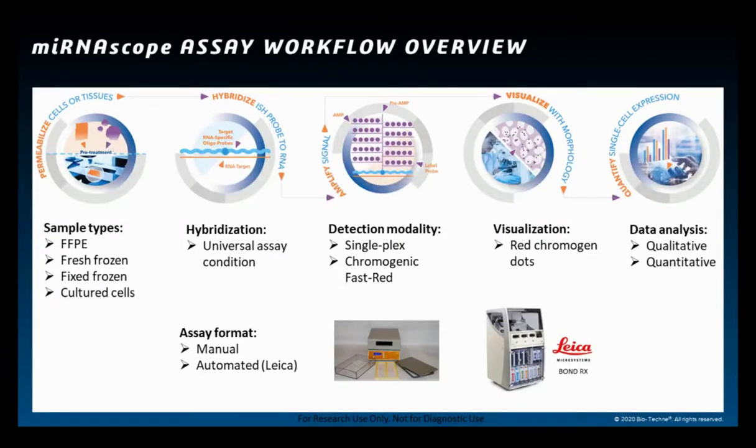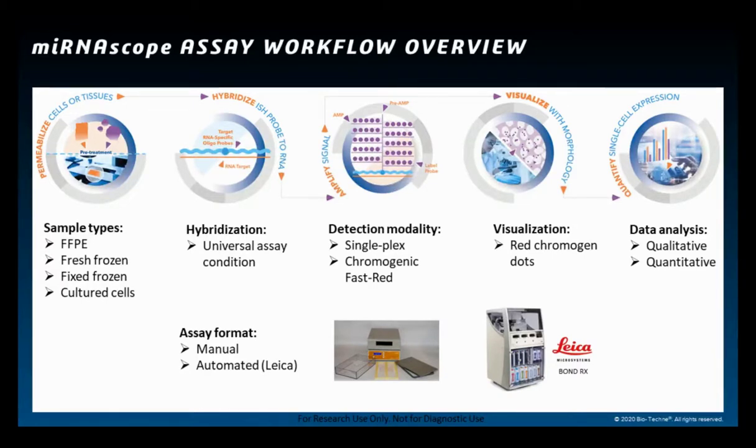Next, we'll focus on the overview of the miRNAscope assay workflow. The new miRNAscope assay workflow is very similar to RNAscope singleplex workflow for those of you who are familiar with our technology. First, the cells or tissues that are bound to a slide is permeabilized using ACD's ready-to-use pretreatment reagents.